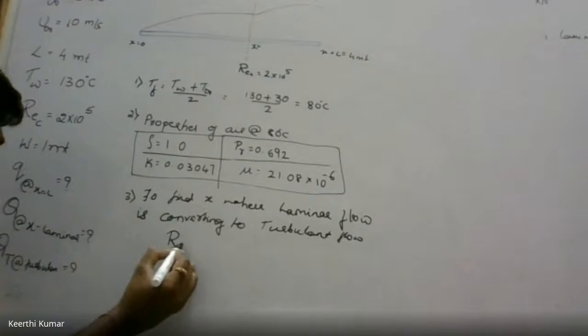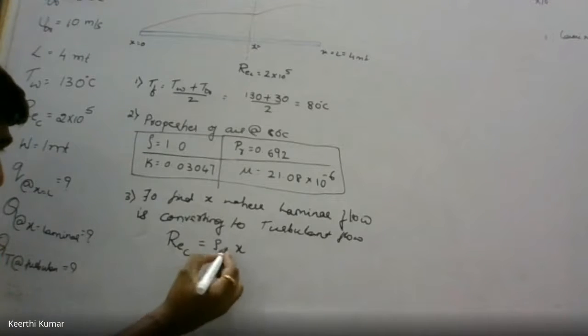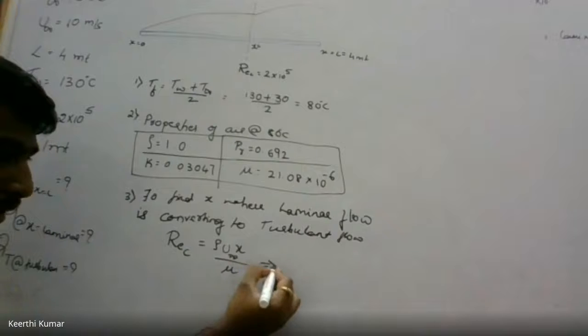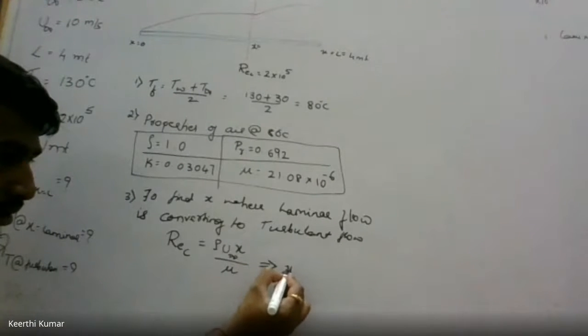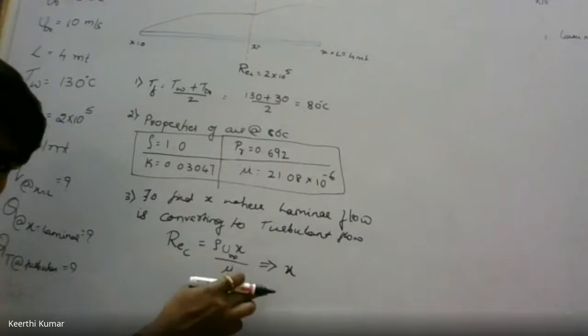The equation is Re critical is equal to rho V x divided by mu, where instead of V we use u infinity, the velocity. So here you calculate the value of x, where the laminar flow is converting to turbulent flow.